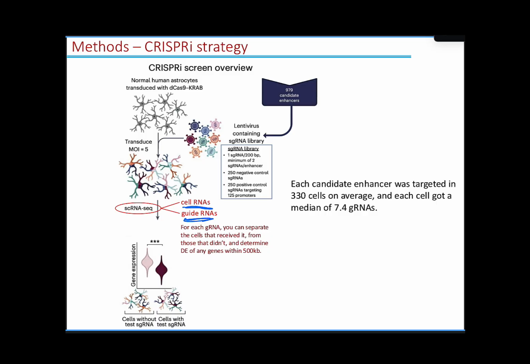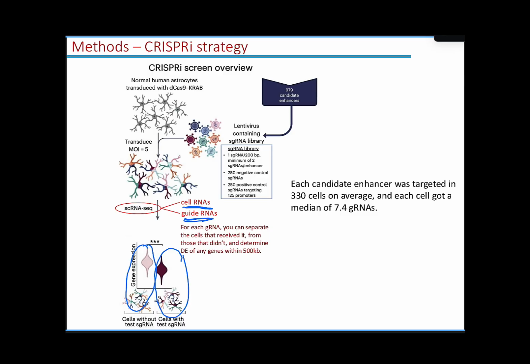So you can group the cells, again, on an enhancer by enhancer basis. For a particular guide RNA or targeted enhancer, I'm going to group the cells that did have that enhancer targeted and the cells that didn't, and compare the expression of gene A, gene B, gene C, gene D, all of the genes in the genome.